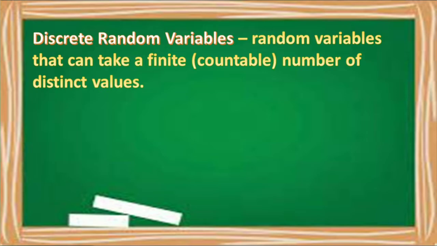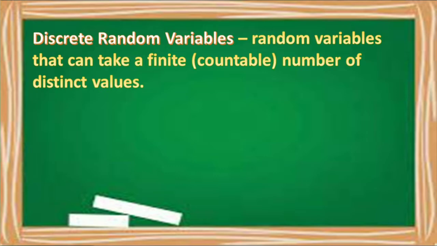It says here that discrete random variables are random variables that can take a finite or countable number of distinct values. In other words, these are random variables whose values can be obtained by counting.